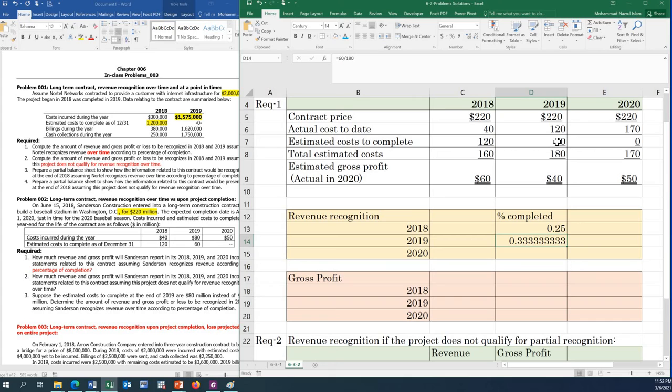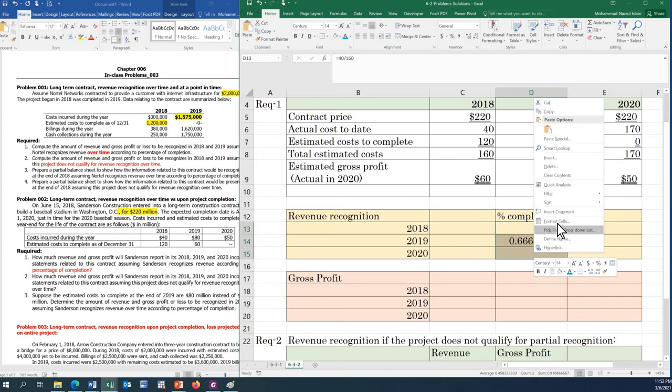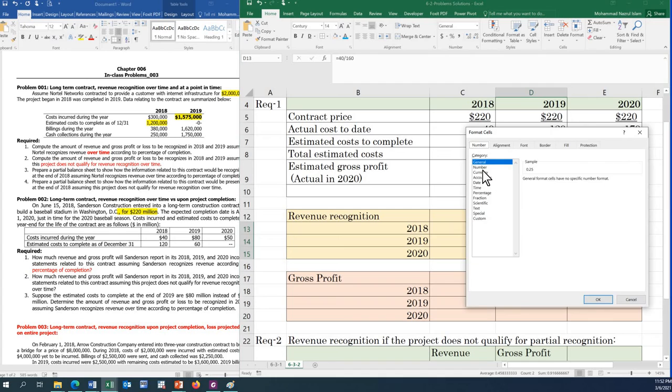Is it 60? No, actually it's 120. So 120 divided by 180, sorry. And in 2020, we don't need the percentage because we will be using the residual amount for 2020.